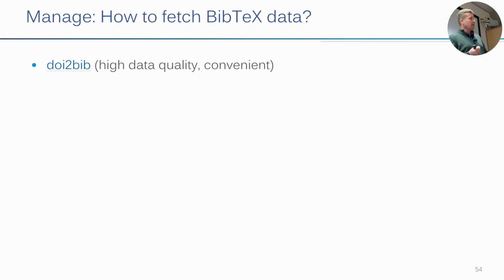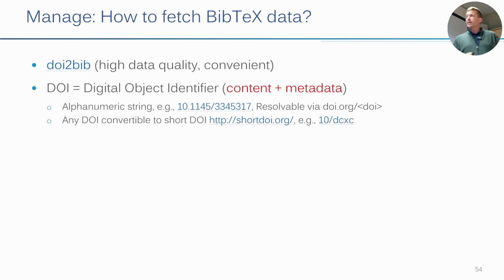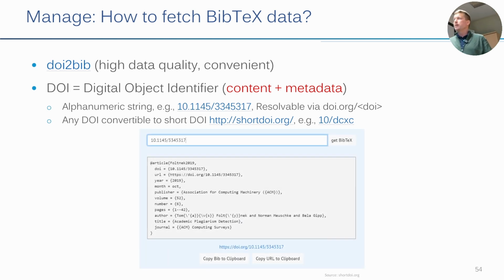So via the DOI, you cannot just resolve a URL and go to wherever the source is where you can download the PDF, but there's typically also metadata in the backend. And there are tools like DOI to Bib that use this hidden API of the DOI resolver to get you the metadata. So you can just input a DOI, for example, in this tool, and we will see other options, and get your BibTeX out of it.